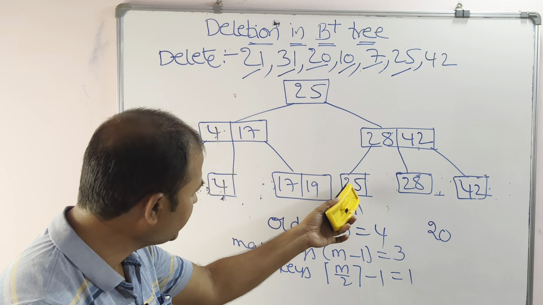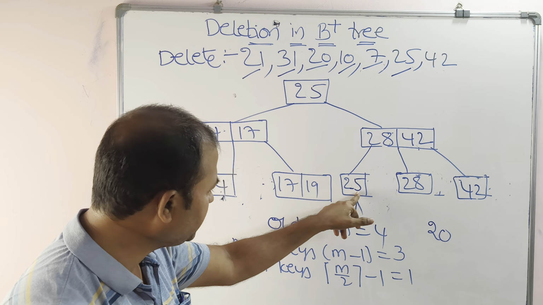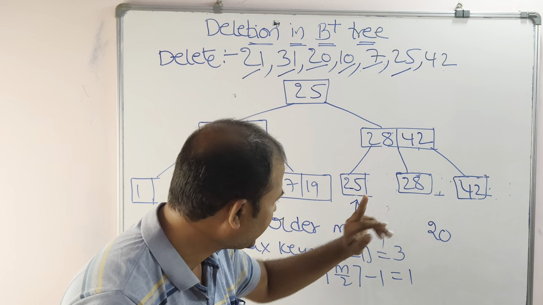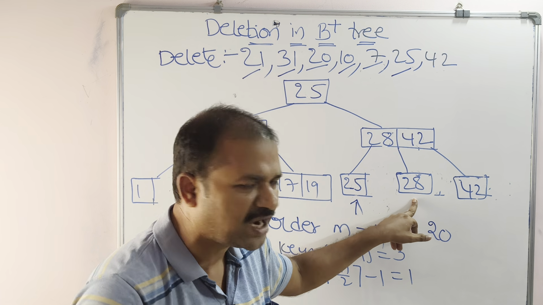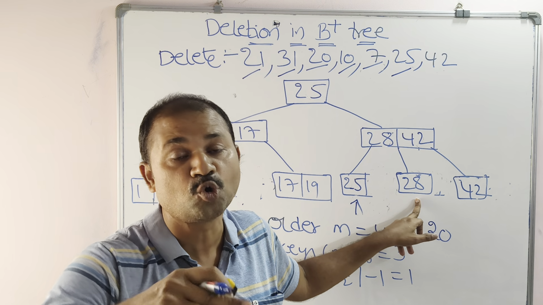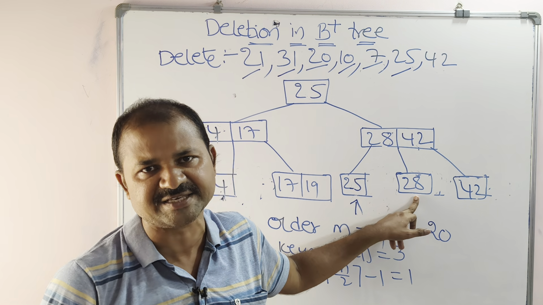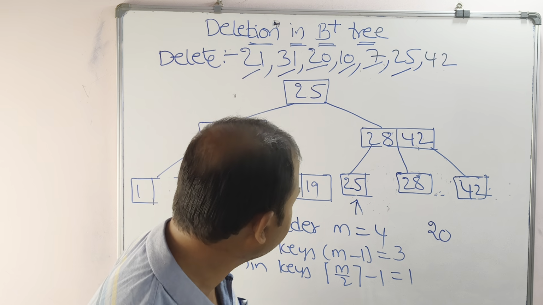So we have to borrow a key either from left sibling or right sibling. But for this node, there is no left sibling. So let us borrow from the right sibling. But here what is the problem? The right sibling node is also containing only minimum number of keys. It is not containing more than minimum number of keys. If it is containing more than minimum number of keys, then only borrowing is possible. But it is containing only one key.